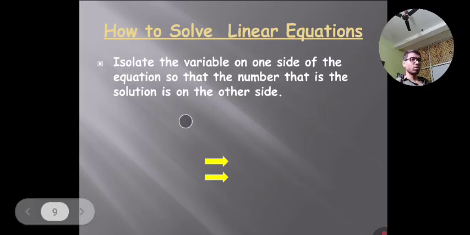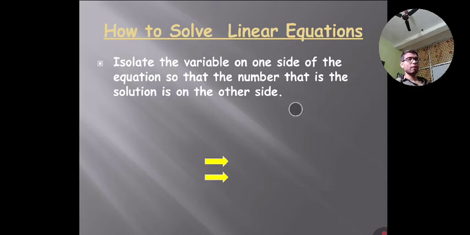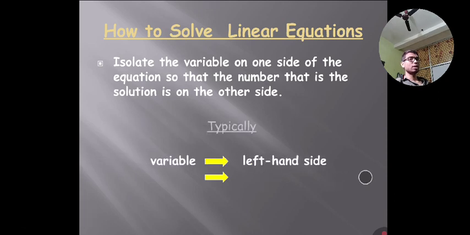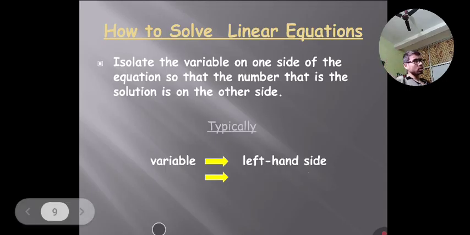Associate the variable on one side of the equation so that the number that is the solution is on the other side. Typically the variable goes on the left hand side. If you have a variable on both sides, shift all variables to one side and all constant numbers to the other side, then simplify, and you will get the answer.